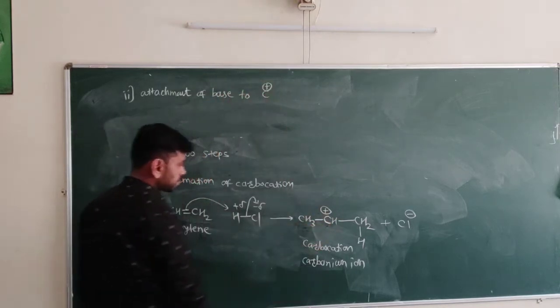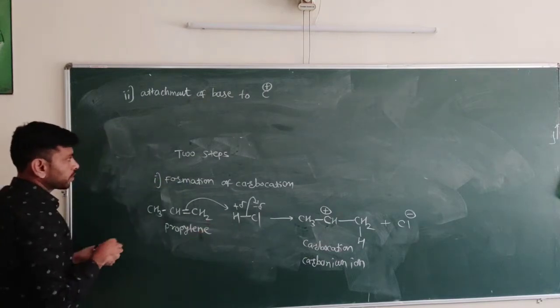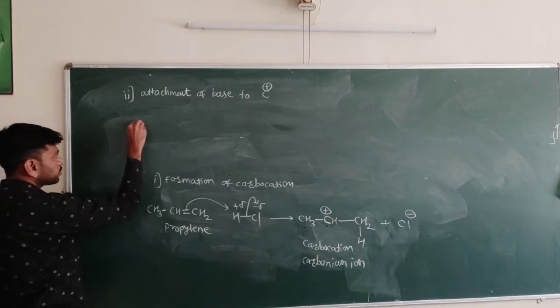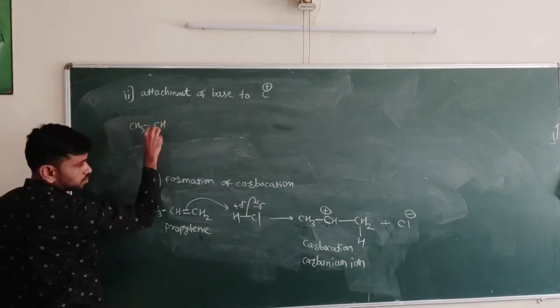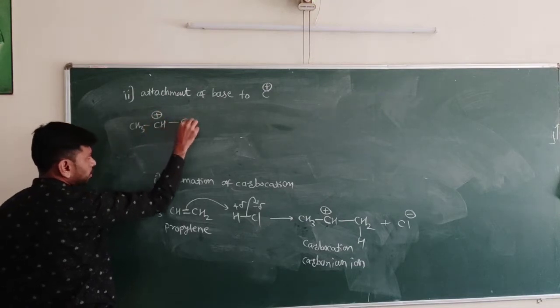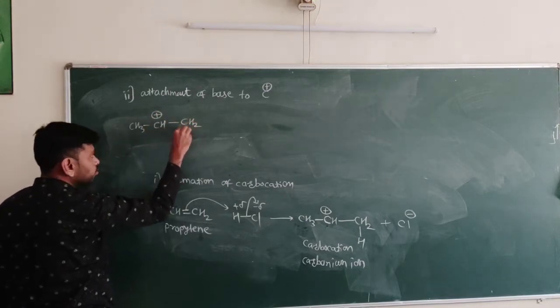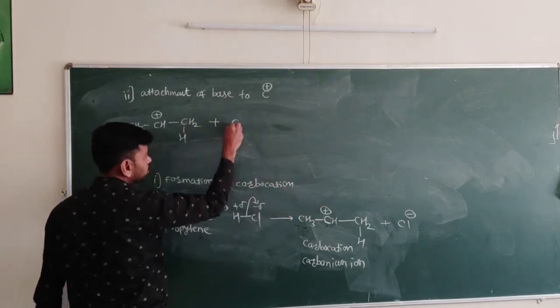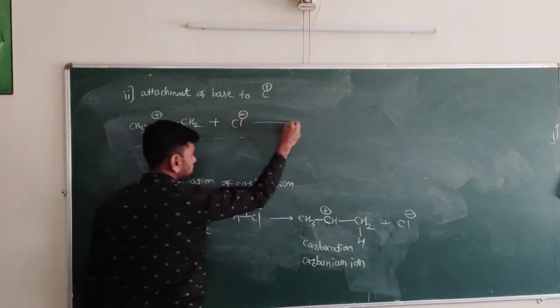We obtained a carbocation in the first step. What is that carbocation? It is CH3CH+CH3, plus we obtain Cl minus here, this base.